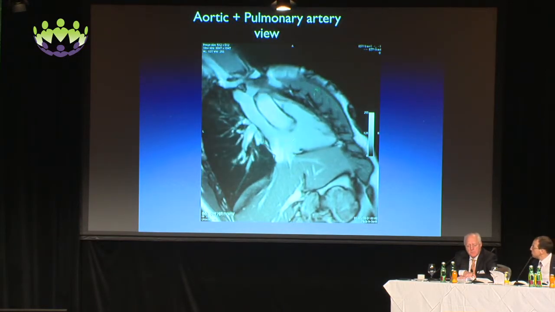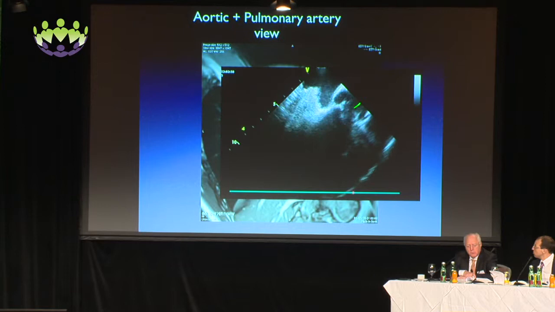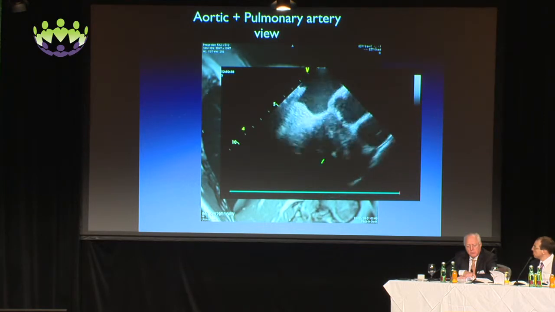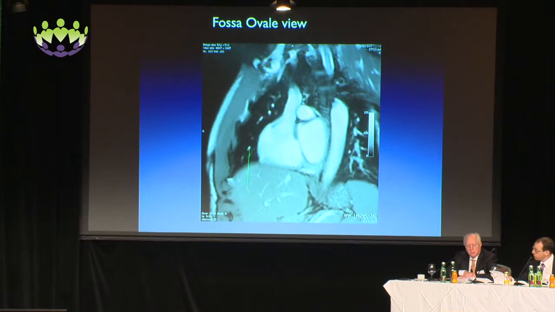we are in this position. We have in front of us the aortic valve, the pulmonary valve, the right ventricle, and if we turn clockwise more gently, we are in this position.